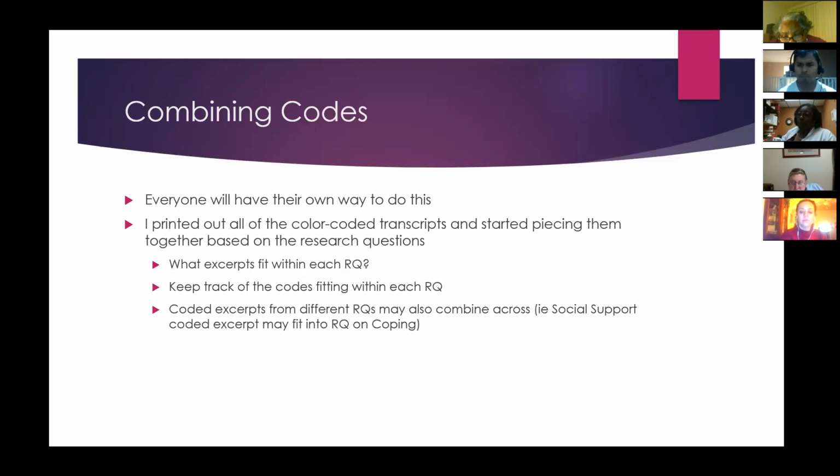You're going to find that happen, and don't restrict your codes. Don't say, nope, that code belongs in research question 3, I'm not moving it anywhere else. That's the whole point of this process: there are going to be times when a piece of a transcript that you coded a certain way really applies more to a different research question or a different dimension within your study. So definitely don't restrict yourself.